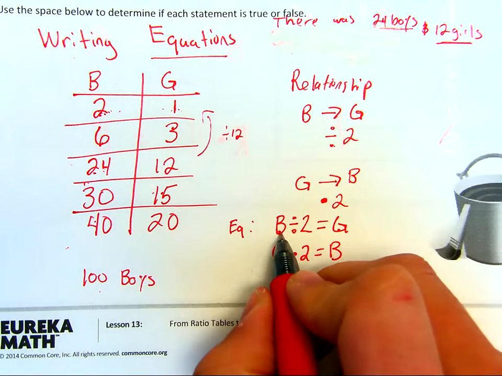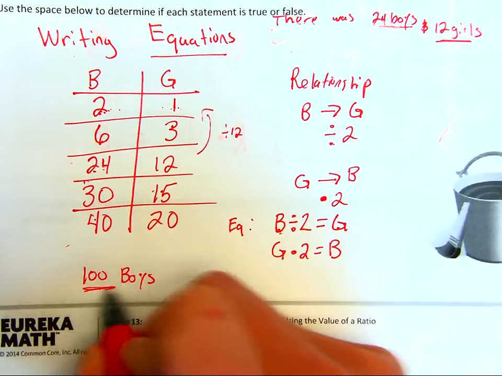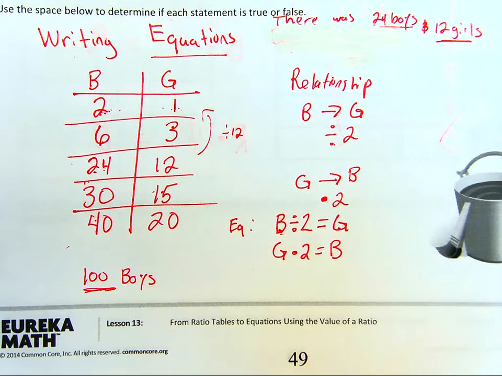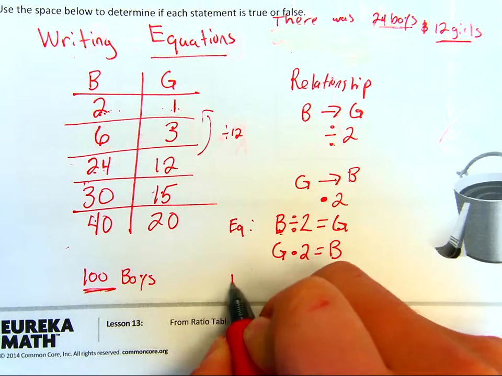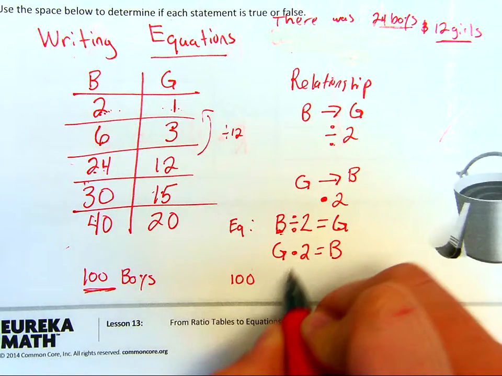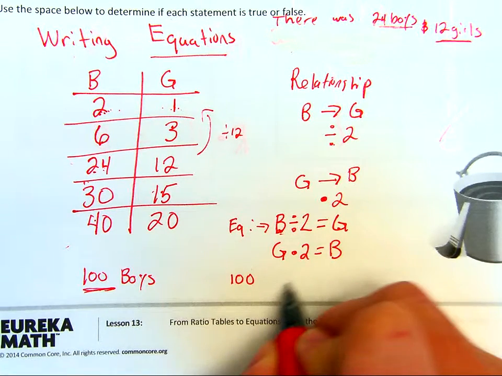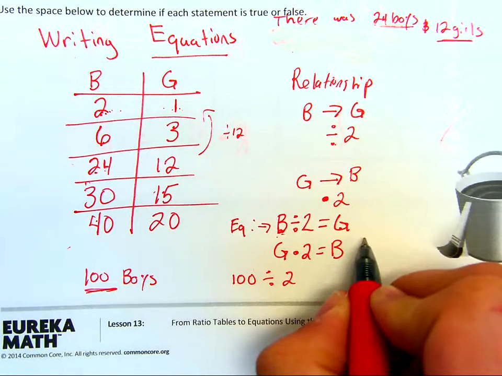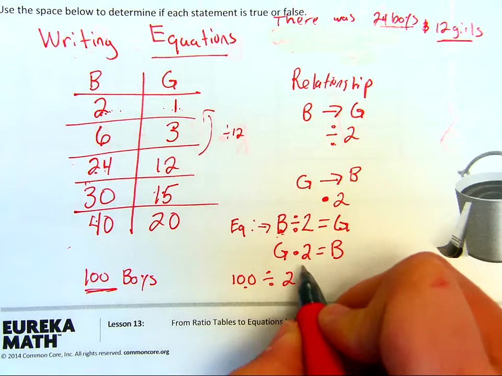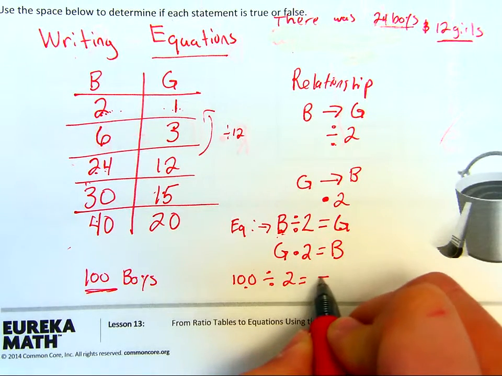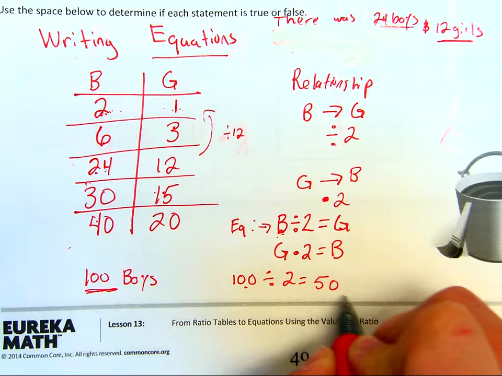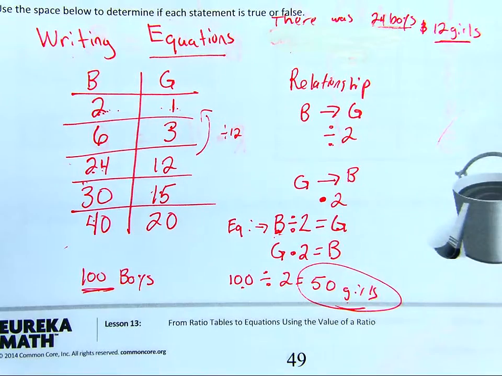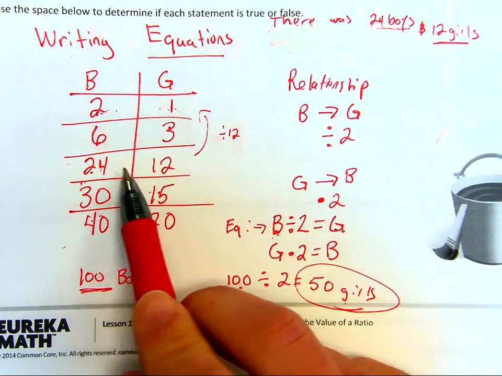So if there's 100 boys, then I would use what's called substitution and take this 100 and put it in the place of the boys, and then I just work it out to get the answer for the girls. So 100 boys, I'm going to use this equation, divided by 2, because that's what my equation said. I take the boys, divide it by 2 to get to the girls, and that would give me 50 girls. So if there were 100 boys, there are 50 girls.